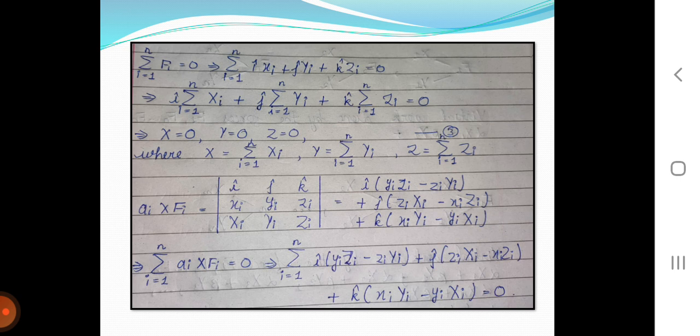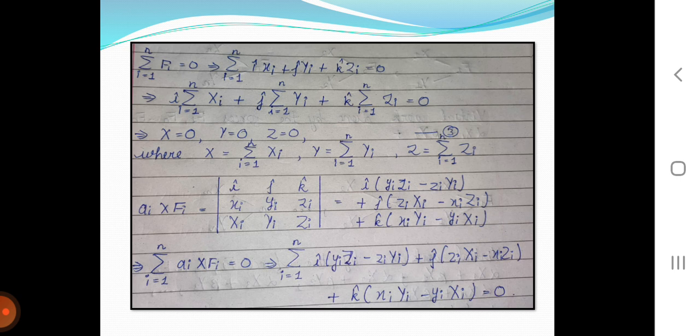On having the cross product, we will get i cap (small yi capital Zi minus small zi capital Yi) plus j cap (small zi capital Xi minus small xi capital Zi) plus k cap (small xi capital Yi minus small yi capital Xi).